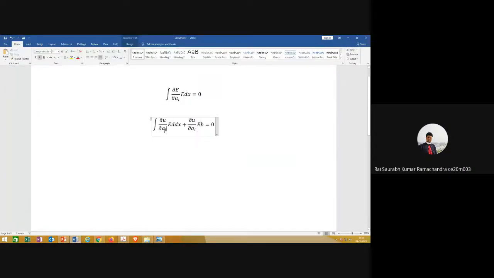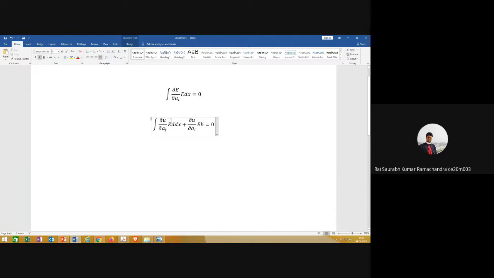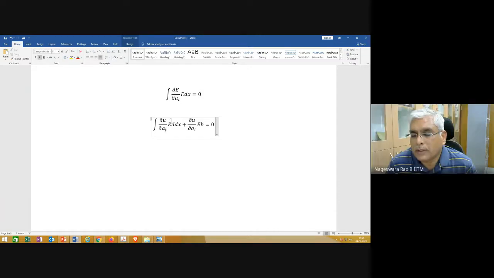Like earlier, I want to sum up all the errors. I want to minimize error associated with the domain as well as the boundary. And that is the reason.